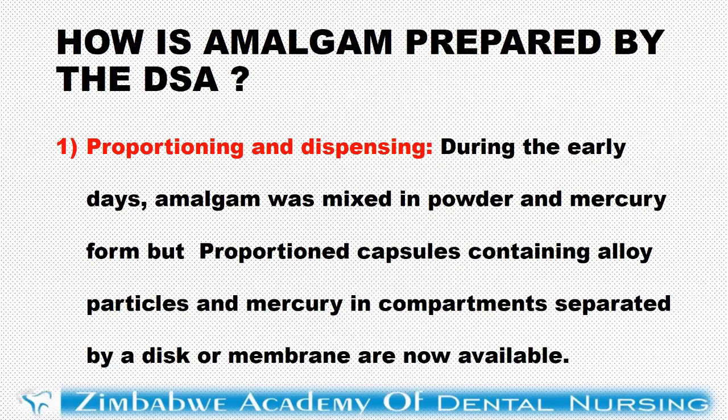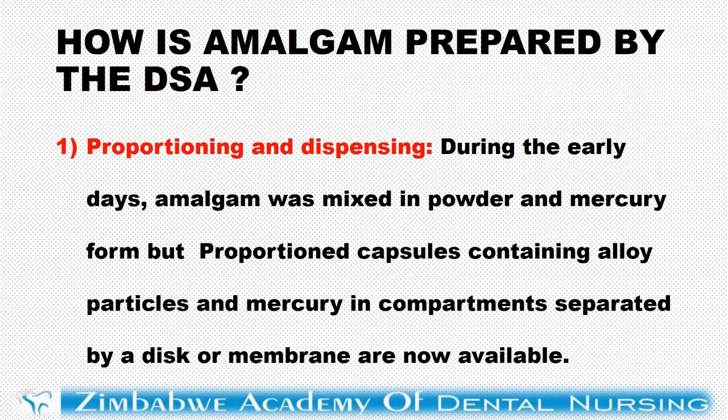Luckily, nowadays, the dental assistant no longer needs to do it manually because now dental amalgam is sold in pre-packed capsules, which you just stick into a machine and the machine mixes it.